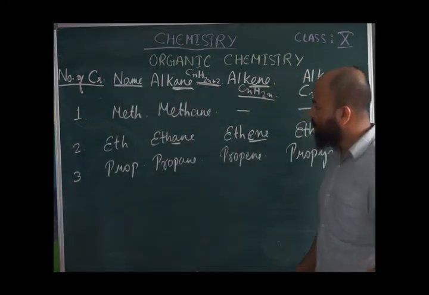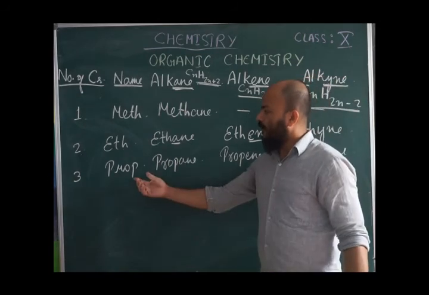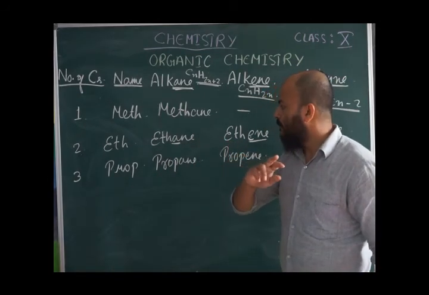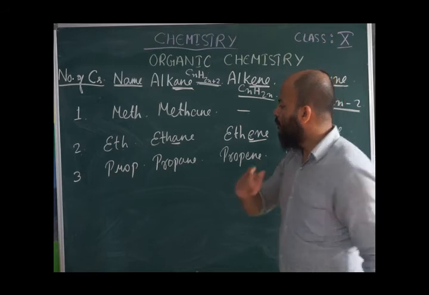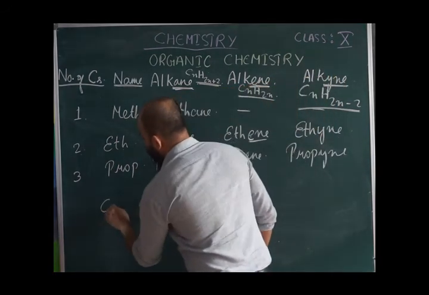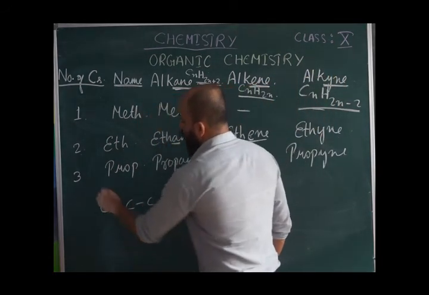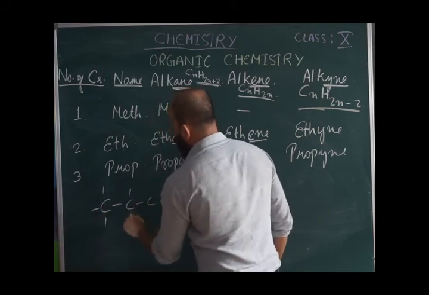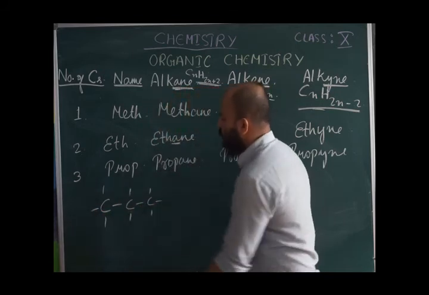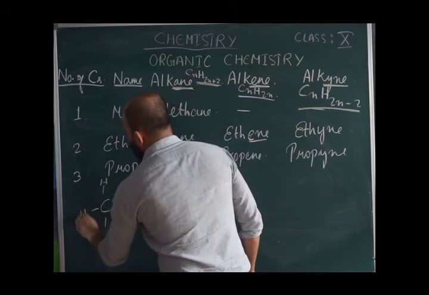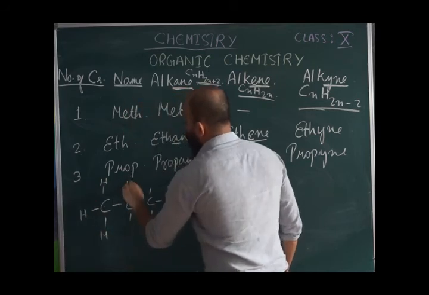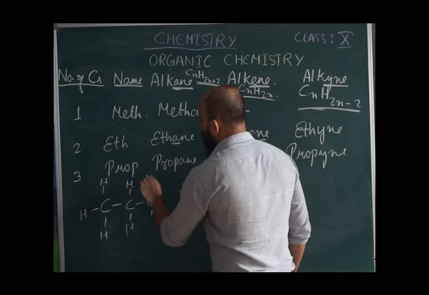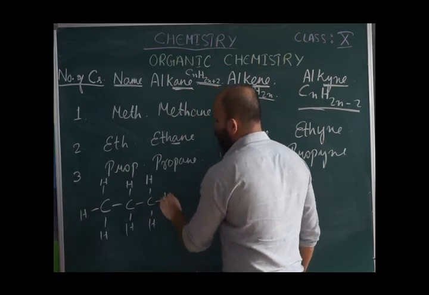Let's take a compound with, say, 3 carbon atoms. 1, 2, 3. Now hydrogens: 1, 2, 3, 1, 2, 1, 2, 1. So these are all hydrogens. Why am I writing hydrogen over here? Don't forget, each carbon atom forms 4 covalent bonds.